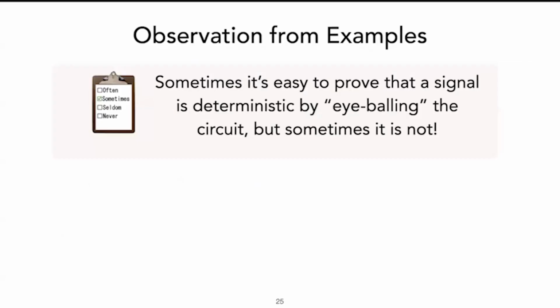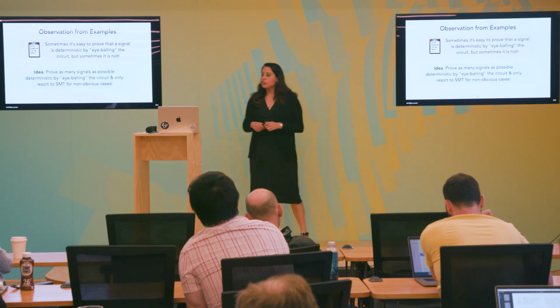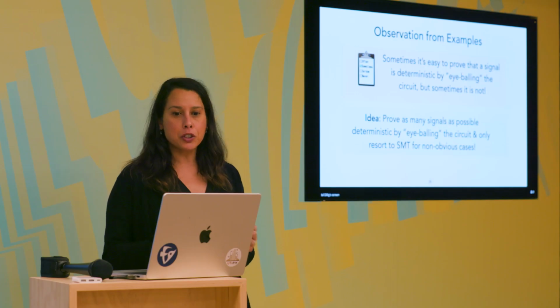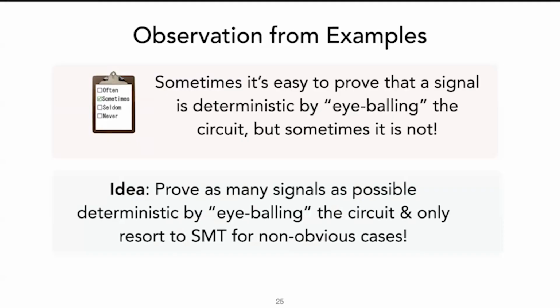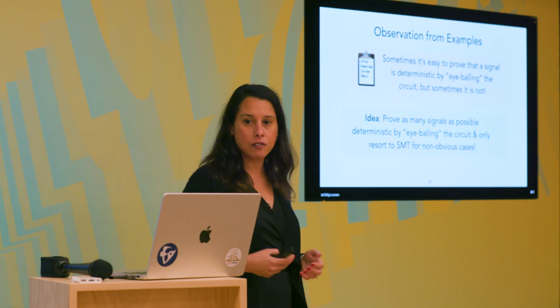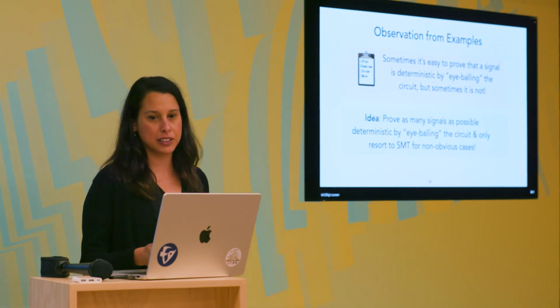The moral of the story is that in some cases, it's easy to eyeball a circuit and say this signal can be written as a mathematical function of another signal, but sometimes this is not so easy to do. So our idea is to prove as many signals as possible to be deterministic by doing this lighter weight reasoning, and we only want to resort to constraint solving for the non-obvious cases where we run out of other possible solutions.